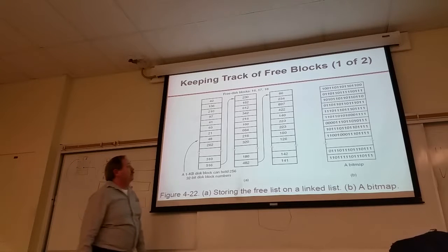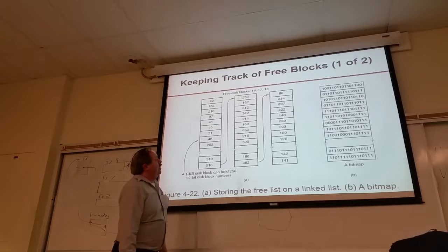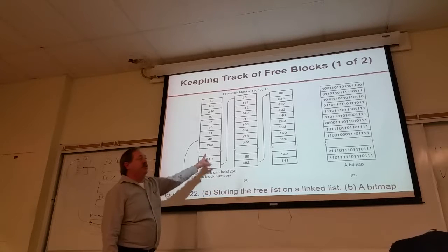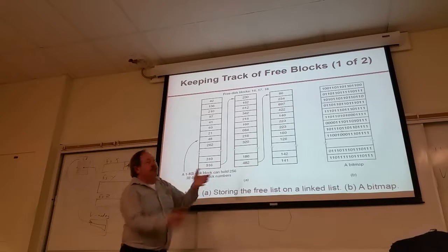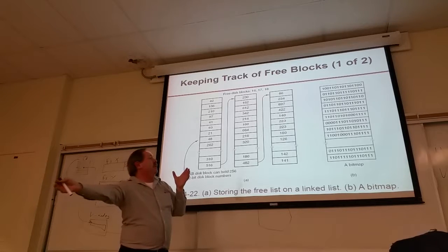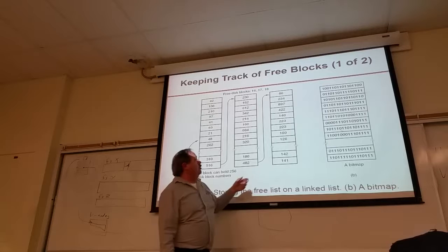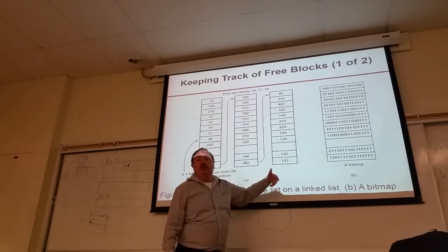I can insert my data block when it's freed up into the free list, and then I delete, giving that data block to the requesting process by deleting it from the free list.